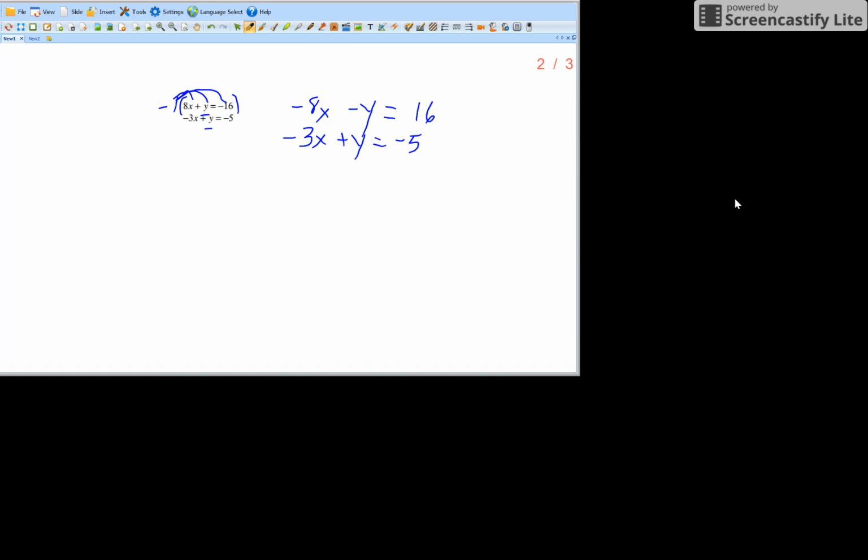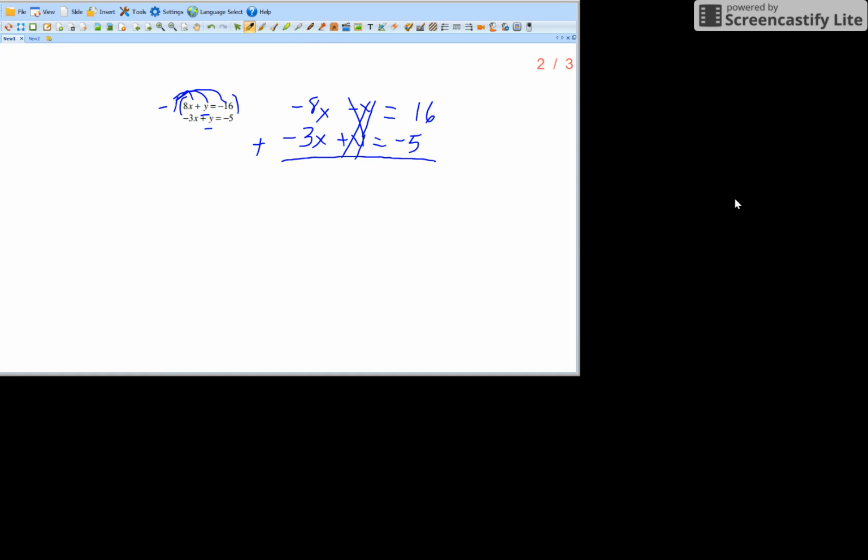Now I can combine these two equations and eliminate the variable y. Once I see a plus y and a minus y, I know I can eliminate. So I'm going to add these two equations together. The y's are now going to cancel out and go away.